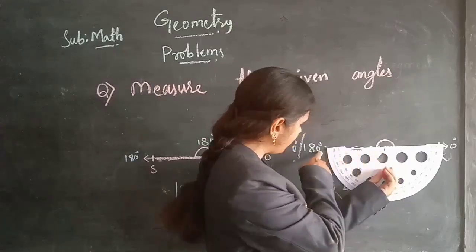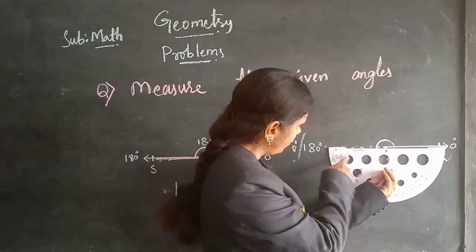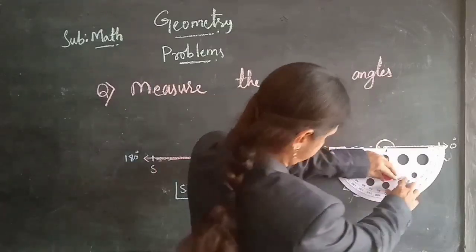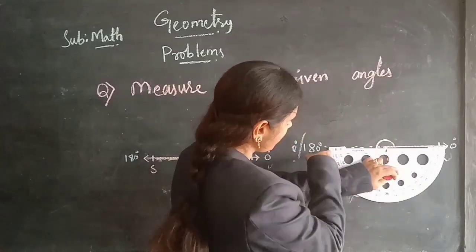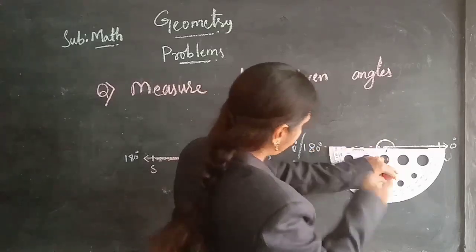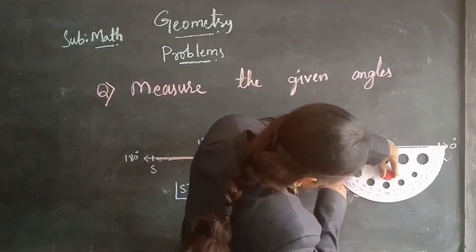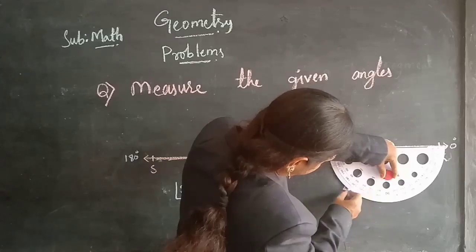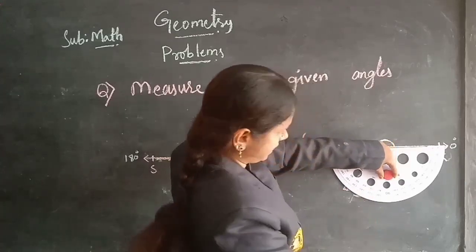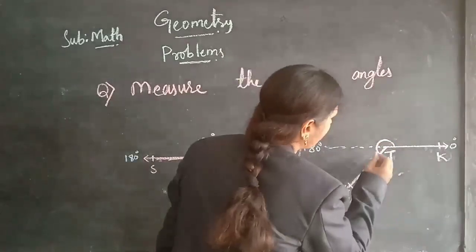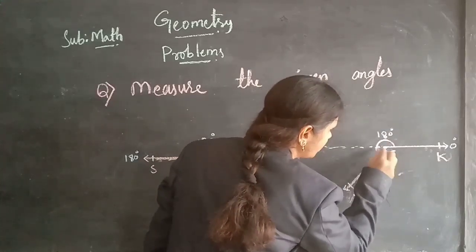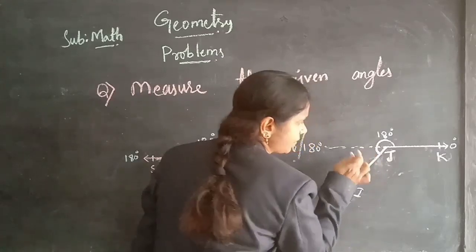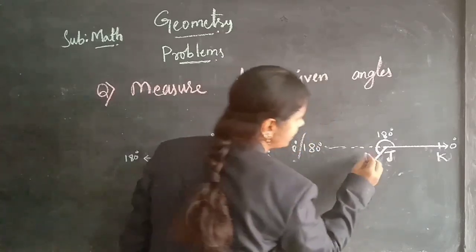So from the imaginary line 0, the terminal line, in the scale 0, 10, 20, 30, 40, 50, is meeting at 50 degrees, children. From the imaginary line to this required line is 50 degrees.